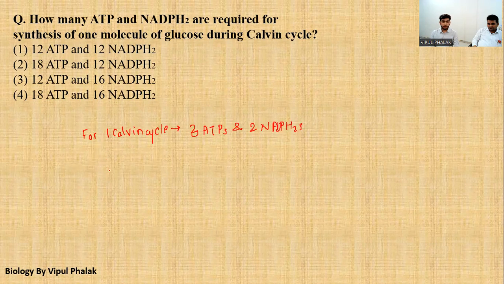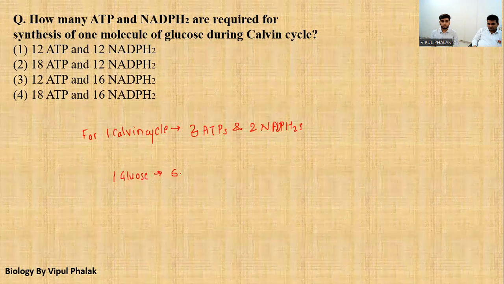And we know that for synthesis of one glucose molecule, 6 such cycles are performed. So we are going to multiply these both by 6. We will get 18 ATPs and 12 NADPH2.